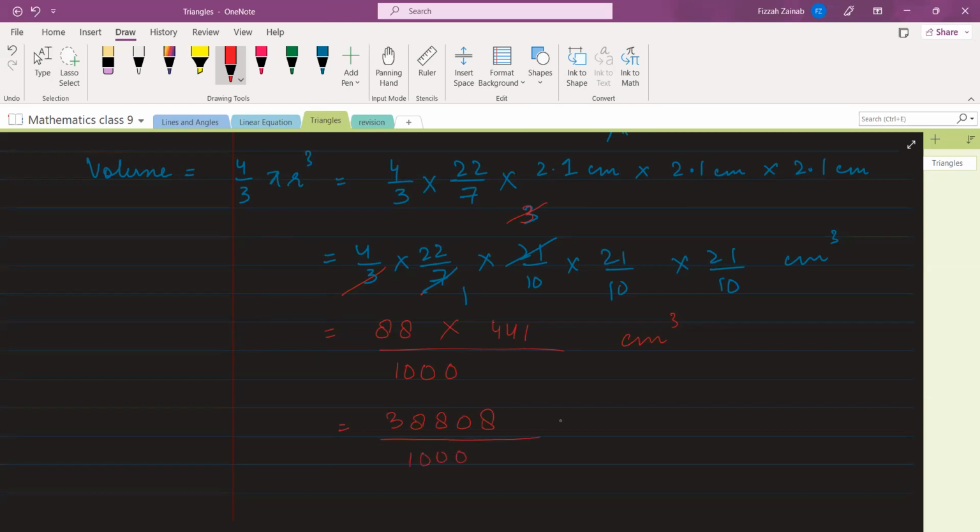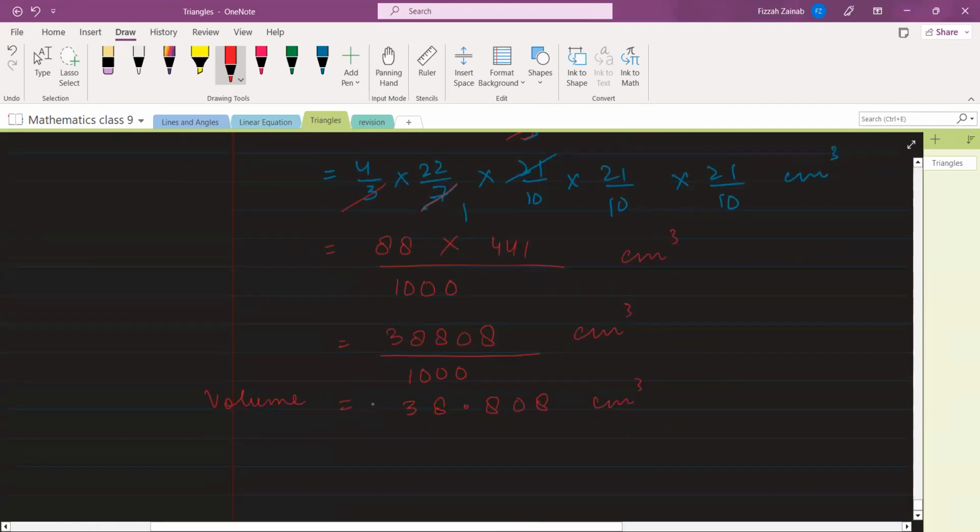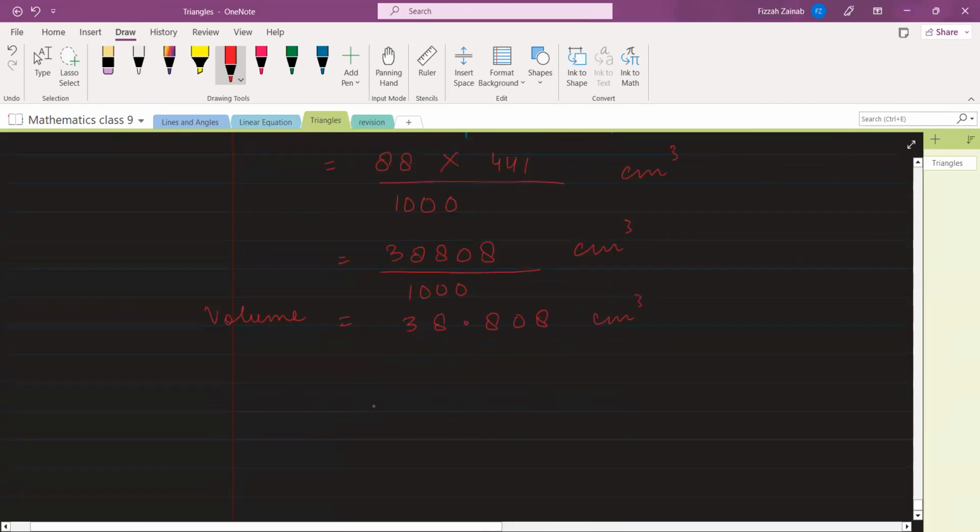No, I'm doing it by hand only. Okay, then it's good. 38808. Right, now you put the decimal. After 3 places, you'll get 38.808 centimeter cube. Now this is the volume of your ball. Now we come to the formula again. Density is mass upon volume.